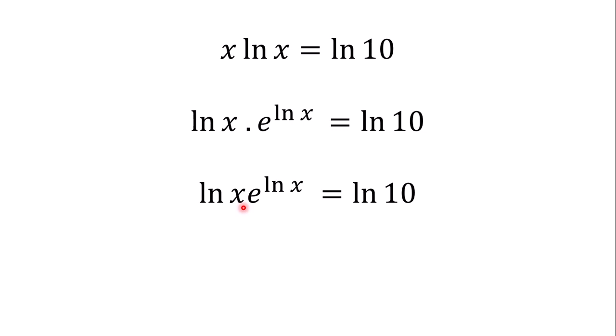When you have something times e to the power of something, and you plug it into the Lambert W function approach, it will just give you your something back. So when we take the W of this one, it will give us natural log of x back, and by that you'll have one x. But here, when you take W of this one, it will not give you anything back because this one doesn't suit the function, it doesn't look like this one.